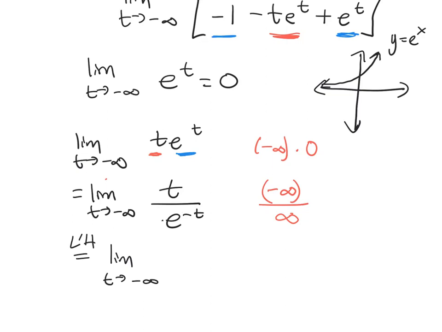That's really it. Okay, so L'Hopital's rule says you take the derivative of the top. What's the derivative of t? 1. And the derivative of the bottom, negative e to the negative t. You're thinking of t as being a variable here.